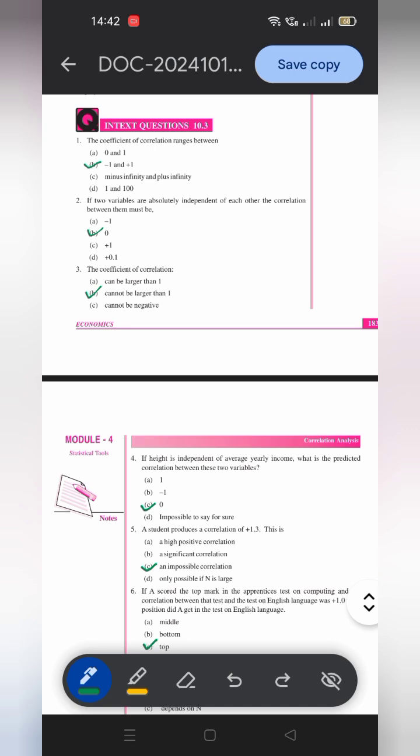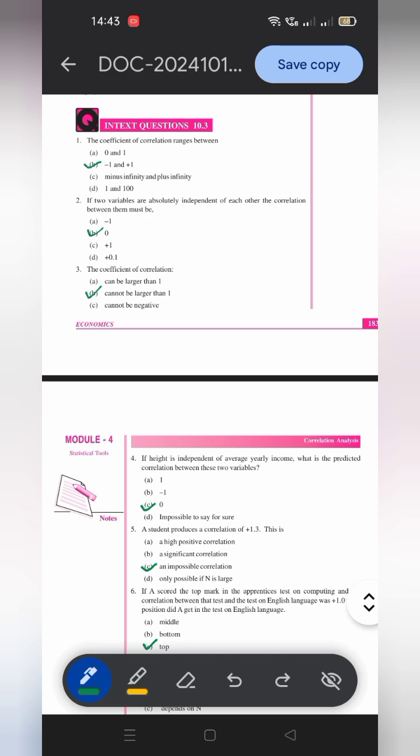Index question 10.3. The coefficient of correlation ranks between, answer B, -1 and +1. Second question. If two variables are absolutely independent of each other, the correlation between them must be, answer B, equal to 0.